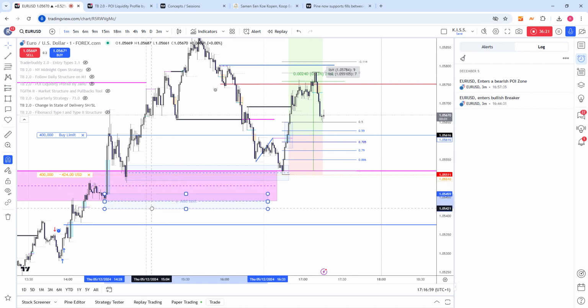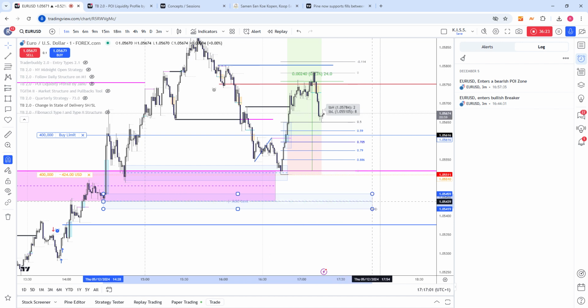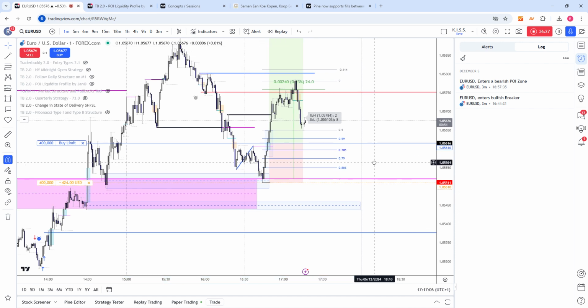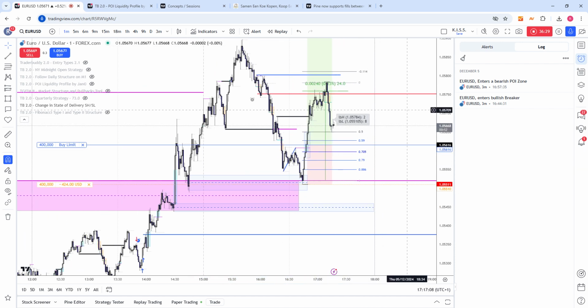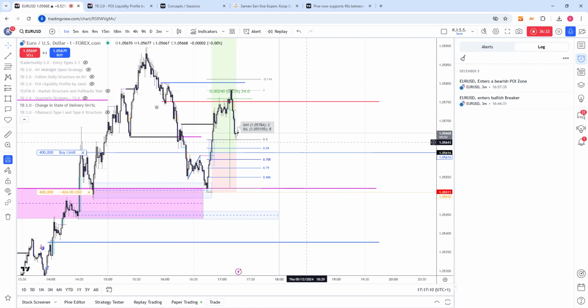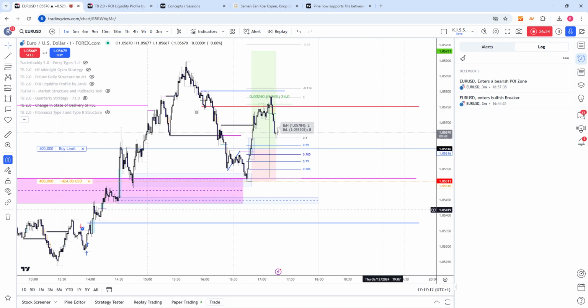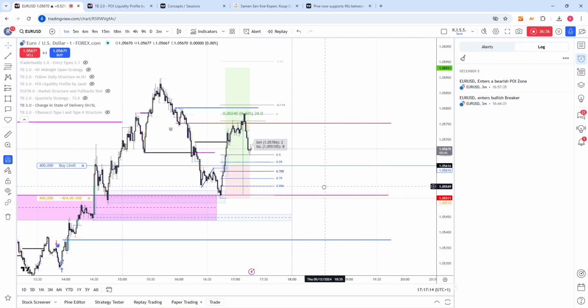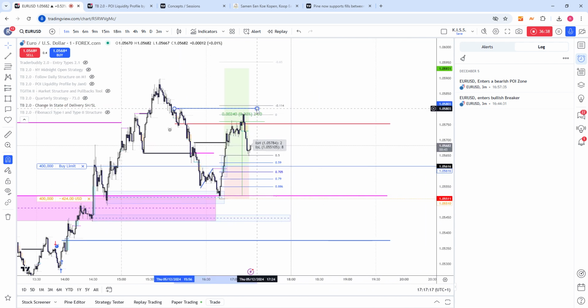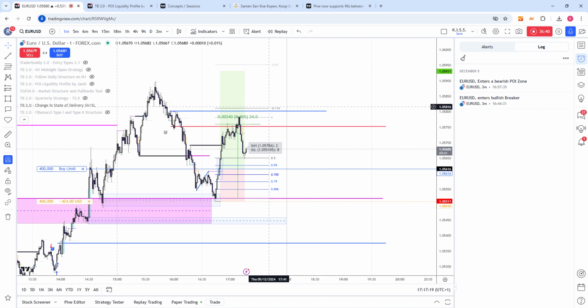The only thing that's open is this one here. So there's also the possibility, because you have to learn not only to look, okay, I see longs, but are there possible shorts too? Yes, there are, and as long as we do not close above this line, there's still a possibility that we go lower first.